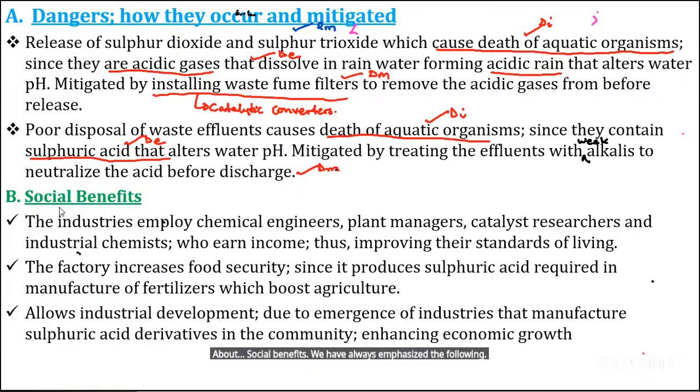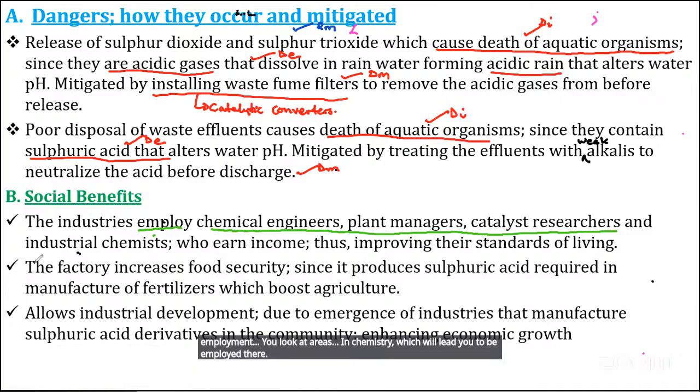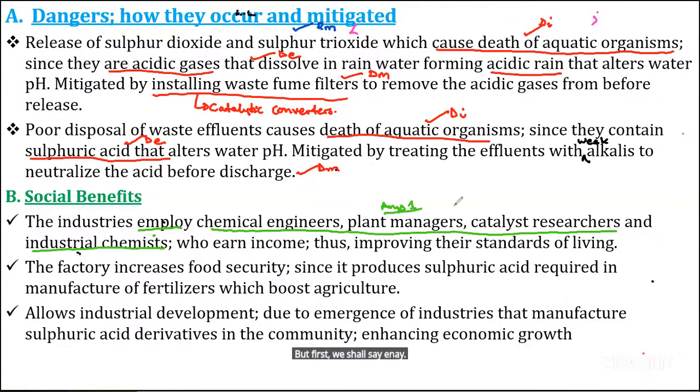One, make sure that when you talk about employment, you look at areas in chemistry which will lead you to be employed there. Anyone may have identified very many, but for us we shall say any one area identified. You will have a social benefit given.